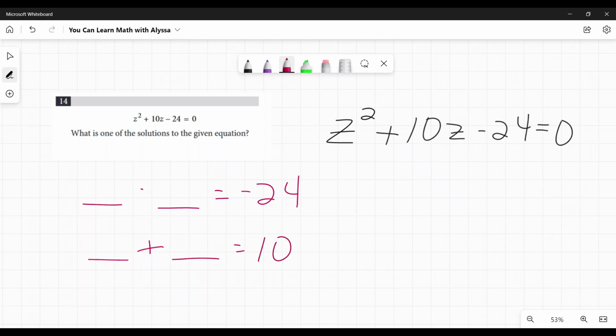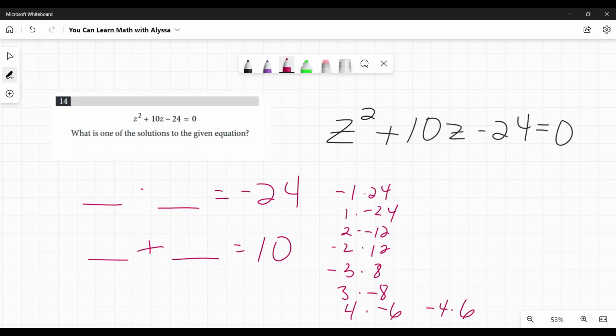Since it's multiplying to a negative, one's going to be positive, one's going to be negative. So when I write out my factors of 24, I need to take that into consideration. So it could be negative 1 times 24, 1 times negative 24, 2 times negative 12, negative 2 times 12, negative 3 times 8, 3 times negative 8, 4 times negative 6, and negative 4 times positive 6.